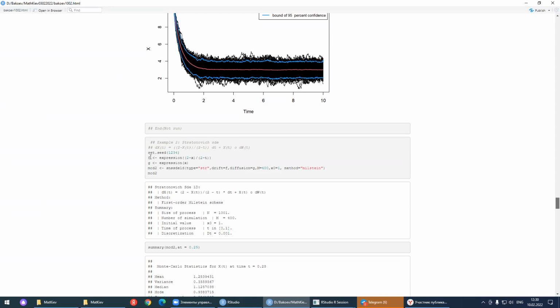This is a drift, 2 minus x divided by 2 minus t, and this is a diffusion coefficient, and the mod means Stratonovich differential equation with drift f and diffusion g. The volume of the sample is 400, and of the methods we used Milstein with order 1.